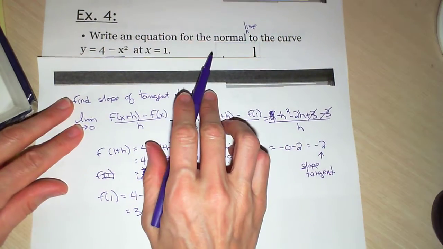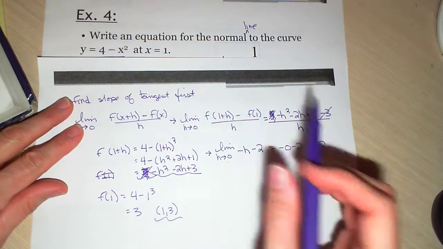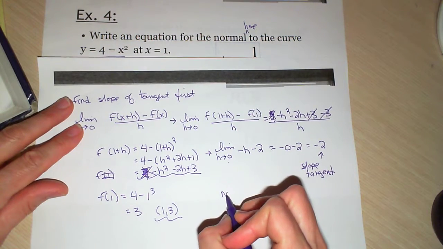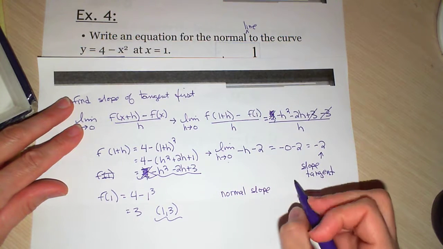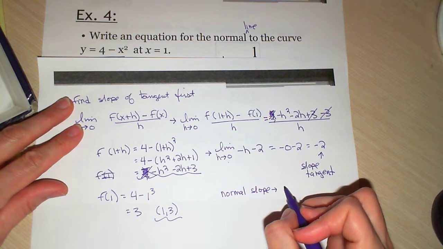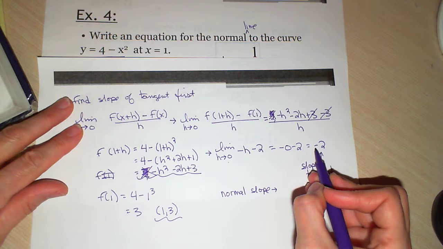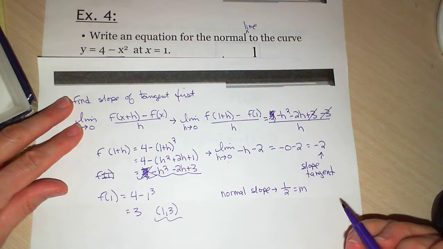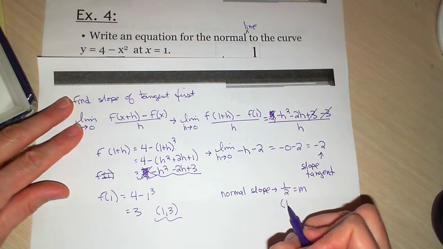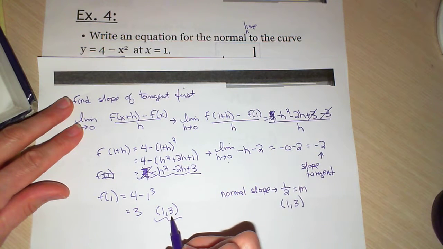Okay, the problem asked me to write an equation for the normal line. So the normal line is going to have a slope of opposite sign, so positive 1 over 2. So that's my m for my normal line, and my point is still the same point I'm using here, (1, 3).